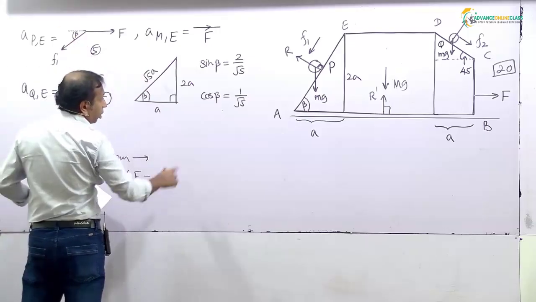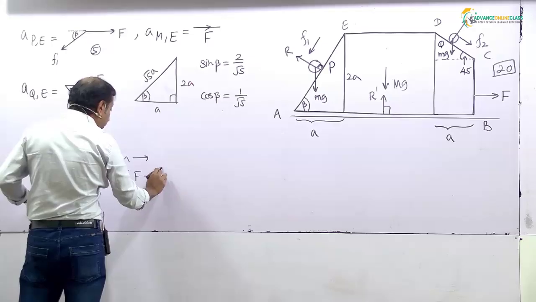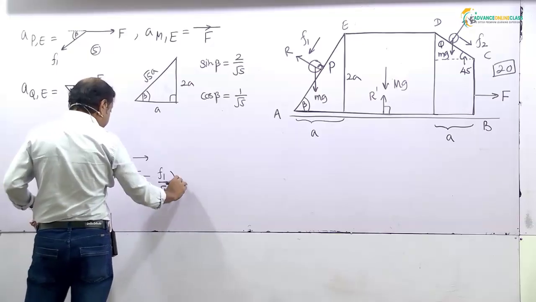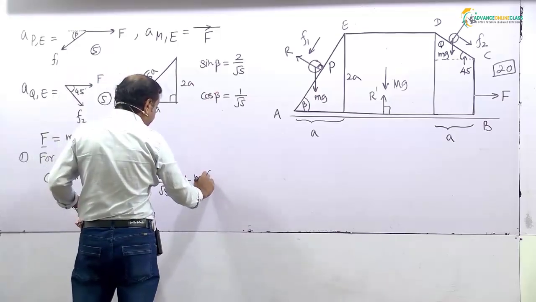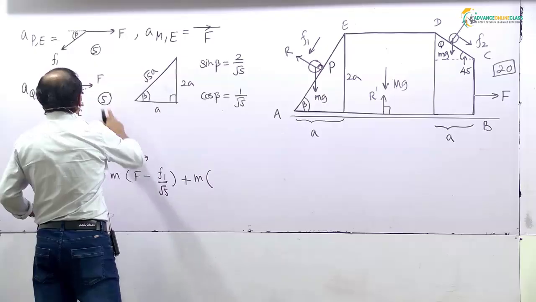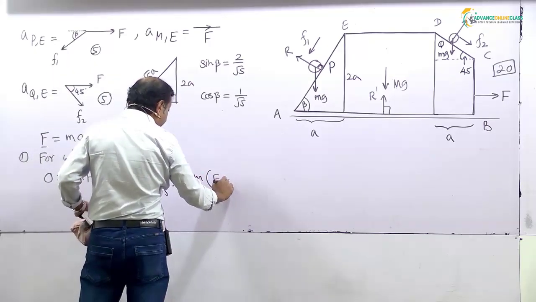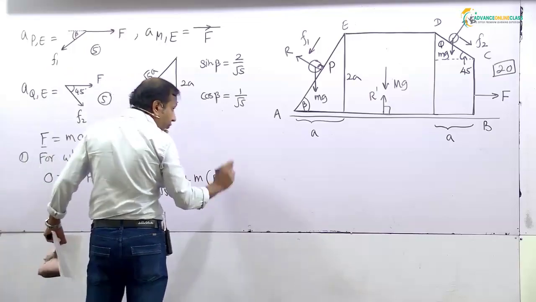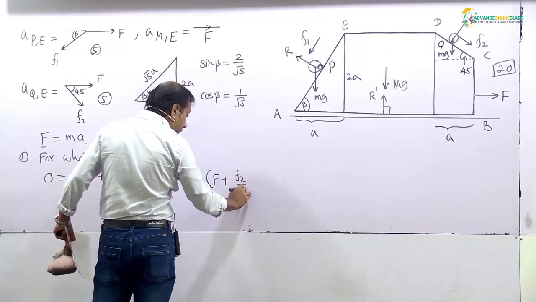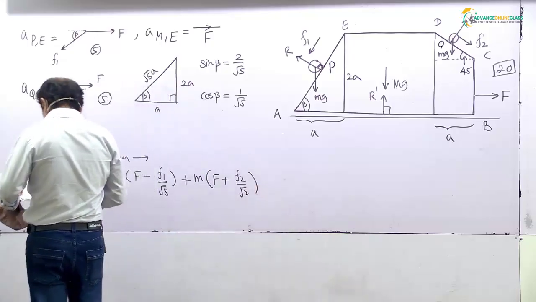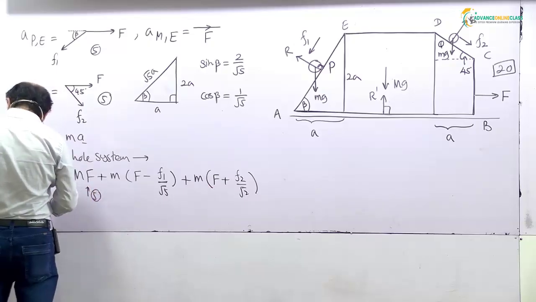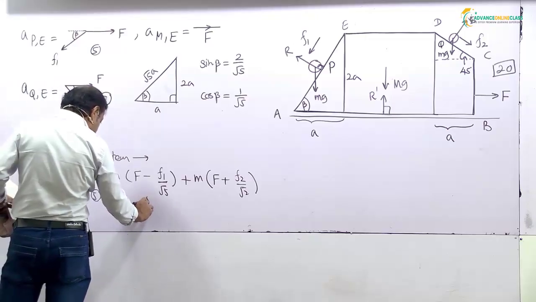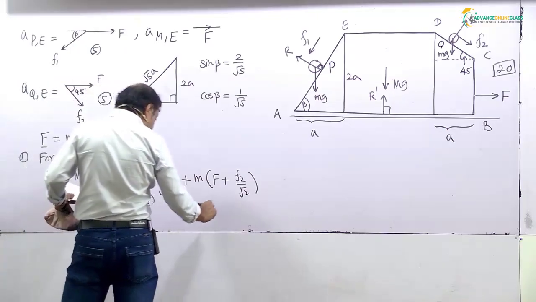F1 cos beta. Cos beta is 1 over root 5, so F1 cos beta means F1 over root 5. And Q, m. Capital F plus F2 cos 45. Cos 45 is 1 over root 2, F2 over root 2. Marks come in for this 5, for this 5, for this 5.